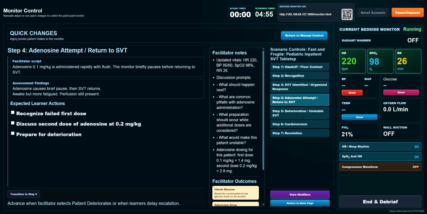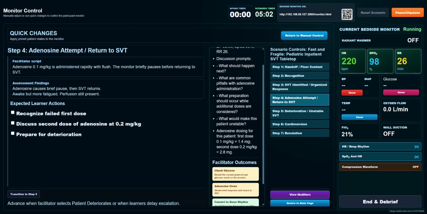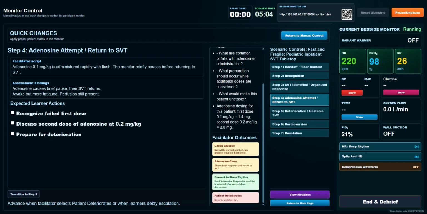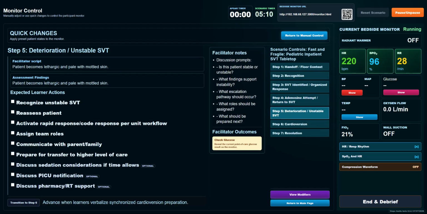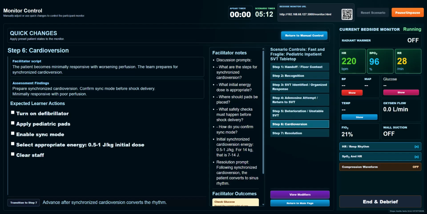So now we're going to move forward in the scenario. They can give a second dose if they want to, and it does the same thing. But because we programmed this one to need cardioversion, we're going to move on to the area where the cardioversion is. This is a new feature that I programmed in recently, and it gave me a default cardioversion or a default defibrillator.